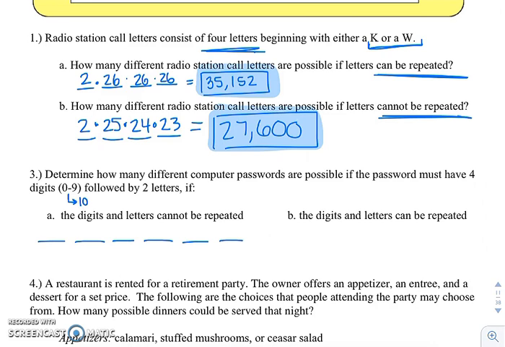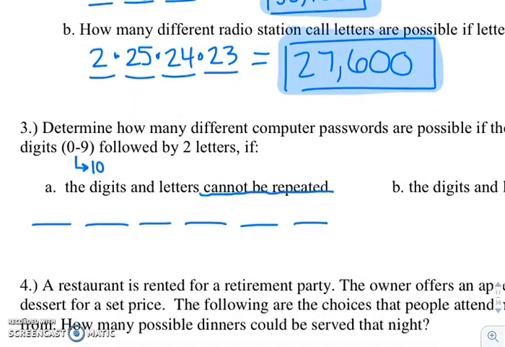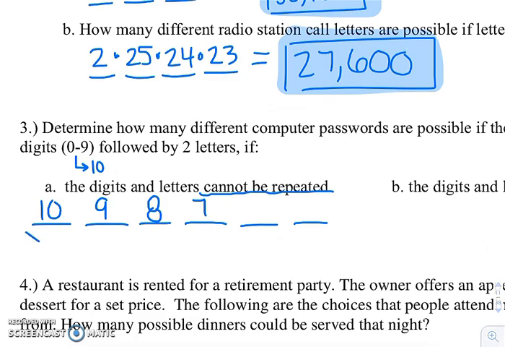So if the digits and letters cannot be repeated, the first 4 places are digits. We'll have 10 numbers to choose from for the first spot, 9 for the second, 8 for the third, 7 for the fourth. We're not literally choosing digits 10, 9, 8, and 7, but that's how many you have to choose from.